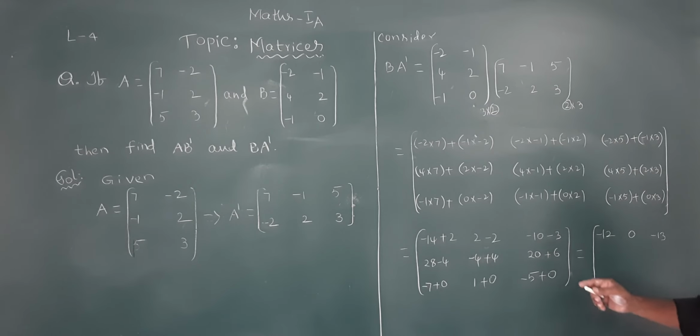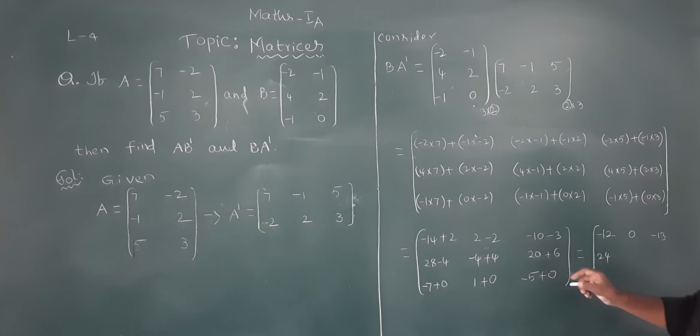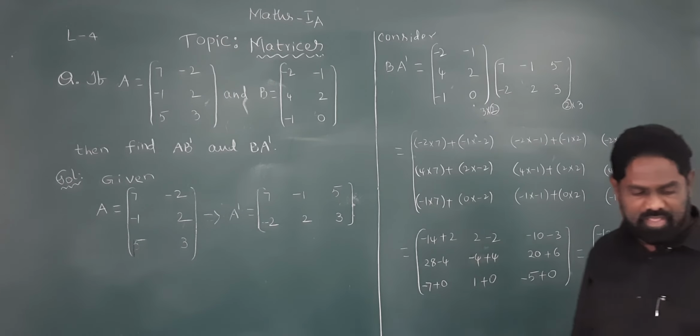Next, 28 minus 4, 24. Minus 4 plus 4, 0. Next, 20 plus 6, 26. Minus 7, 1, minus 5. What is the order of this matrix? This order is 3 by 3.